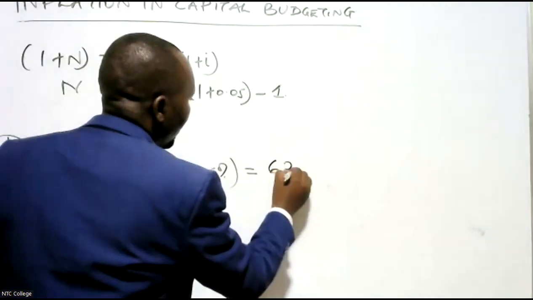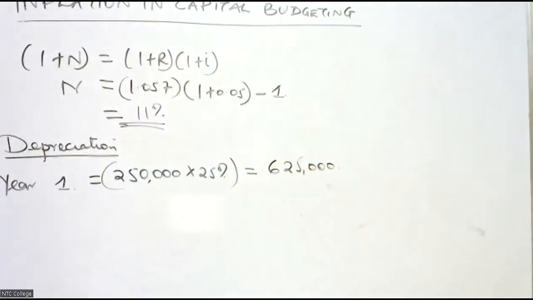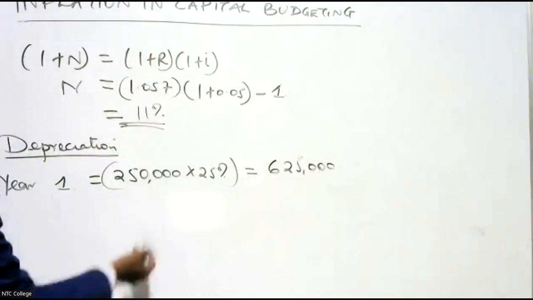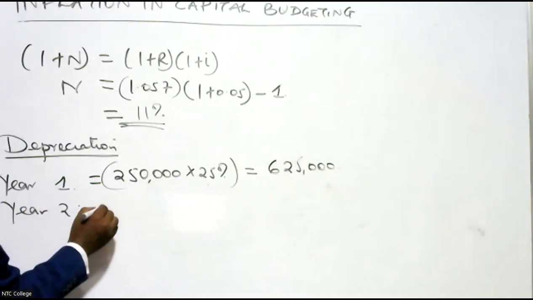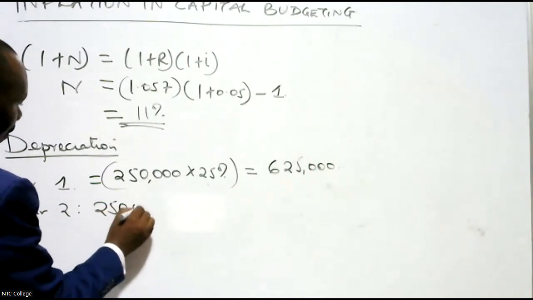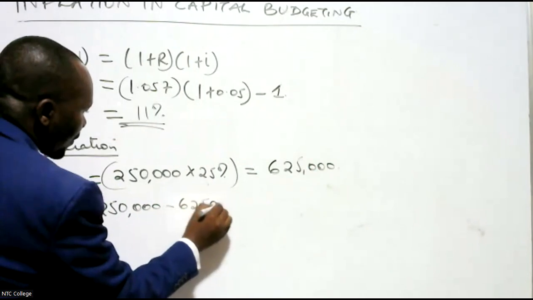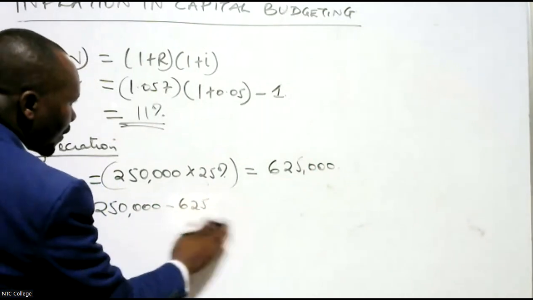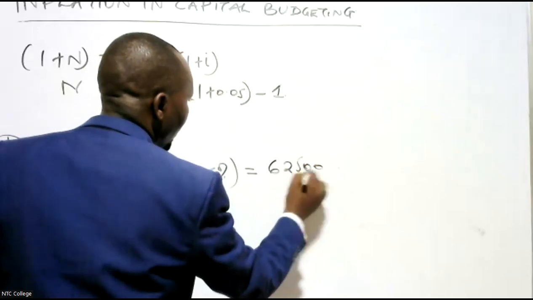It is going to be... I'm just trying to say that 25 times 25 is 625. Then we have some zeros there. Now year 2, reducing balance: we have 250 minus 62,500.